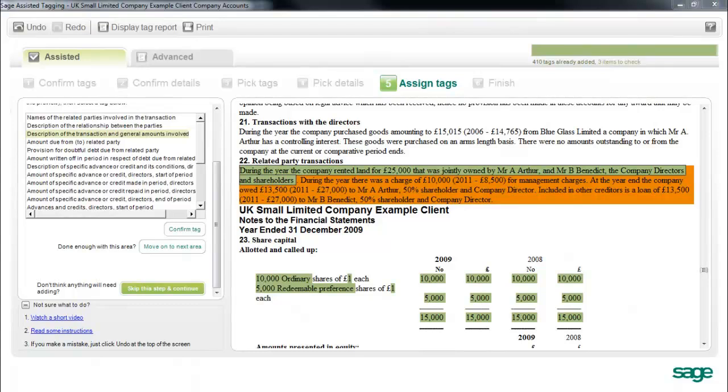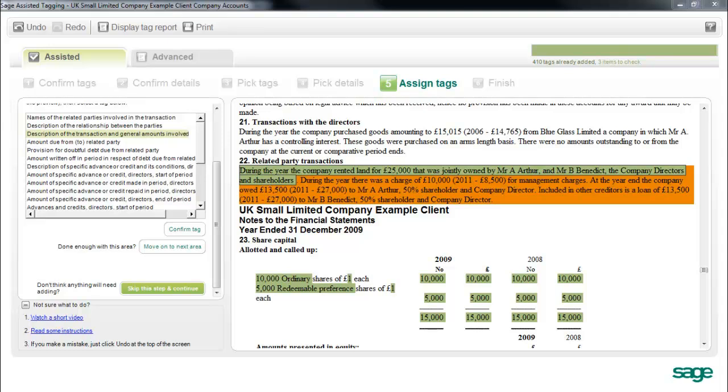With the first transaction tagged, now let's move on to the second transaction. Transaction 2 was during the year there was a charge of £10,000, £8,500 in the comparative year for management charges. Now this second transaction is very similar in the context of assigning a tag to the first.